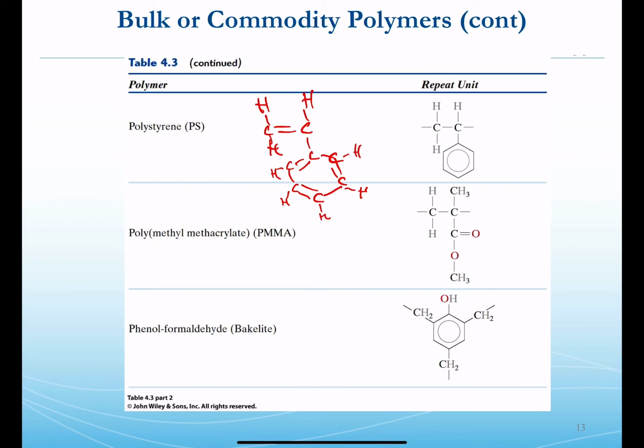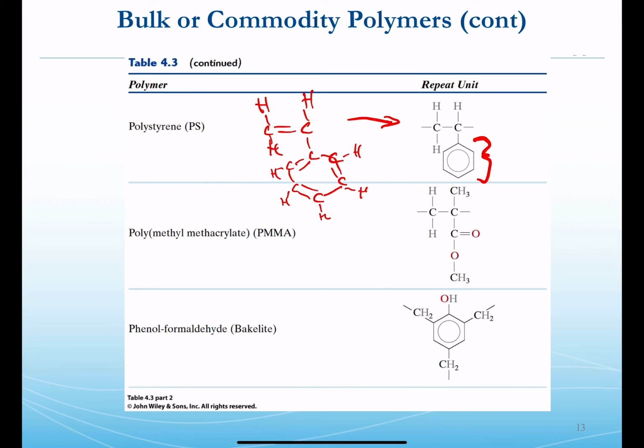And so I'm showing that to help you recognize what this detail here is. Okay, so there's the styrene monomer becoming the repeat unit for polystyrene shown in that top entry.